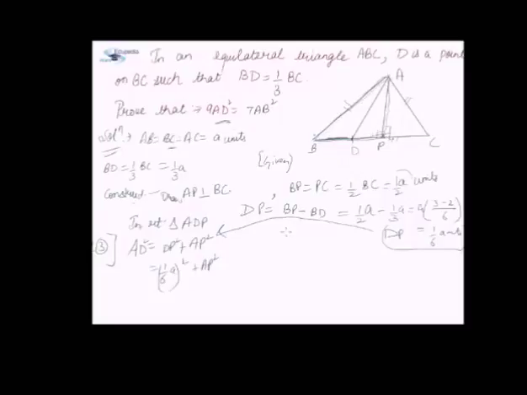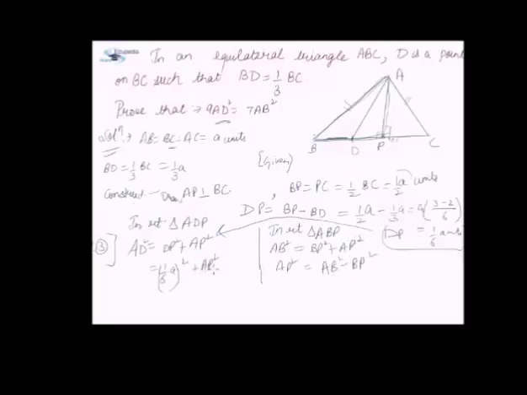So now right triangle ABP, hypotenuse square is AB square, which is equal to BP square plus AP square. So from here we can say that AP square is AB square minus BP square.